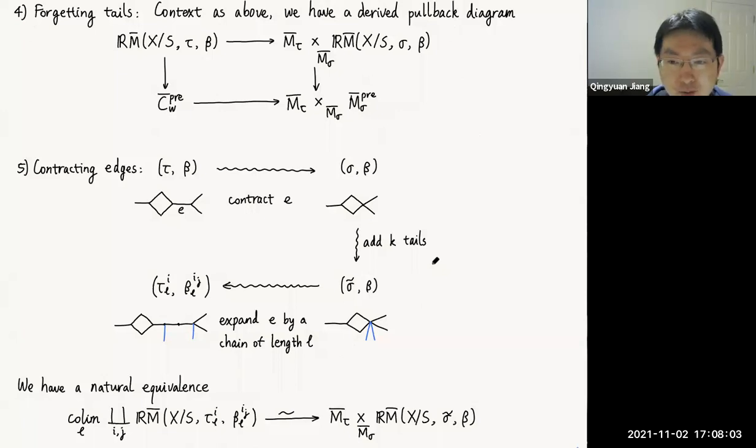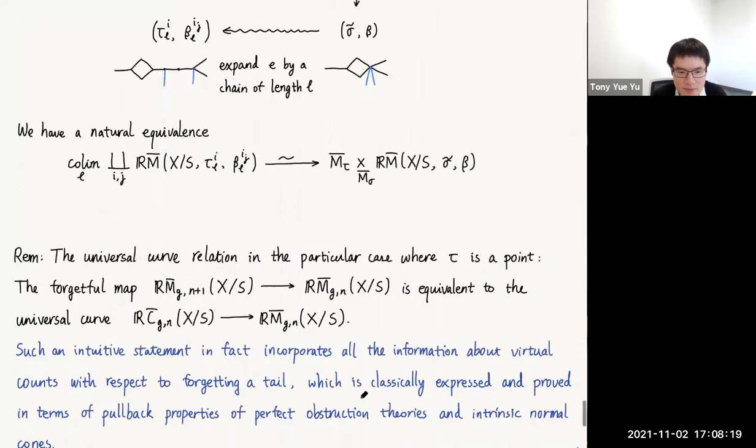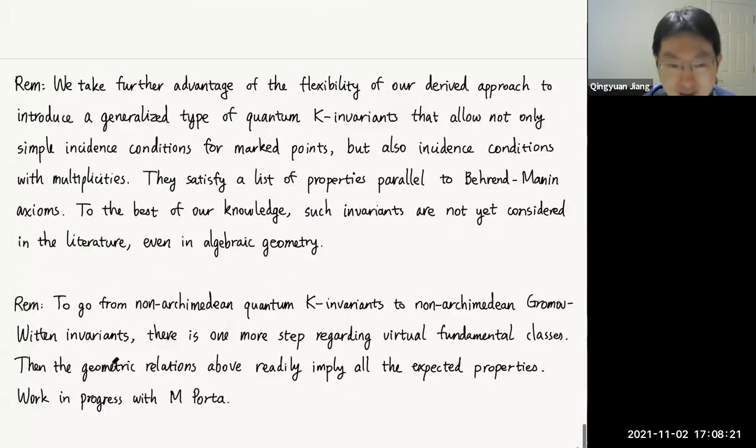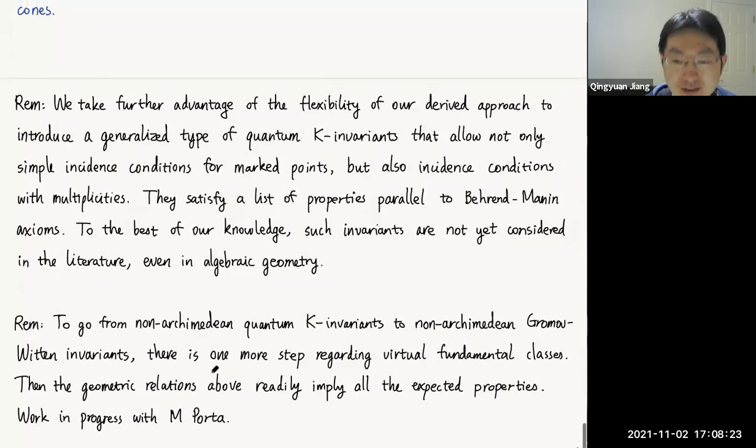I see. So what replaces the role of the virtual fundamental class here? Here I haven't talked about the virtual fundamental class, but there is an extra step for making it, and one reason is that in analytic geometry we don't have Chow groups, Chow rings.